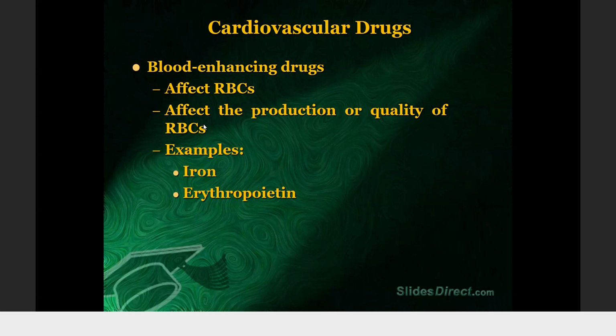So blood enhancing drugs are used to affect the RBCs, their production and also quality. An example of a compound, not a drug, that we use to enhance blood formation, production or quality is iron.